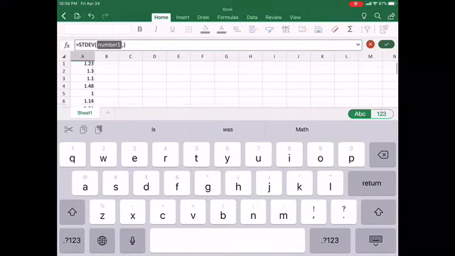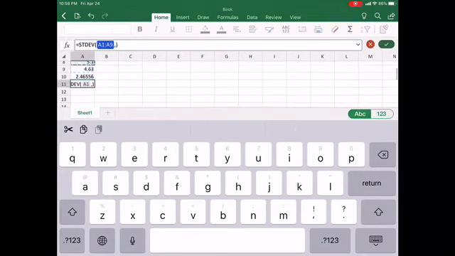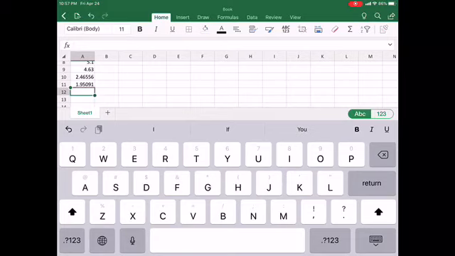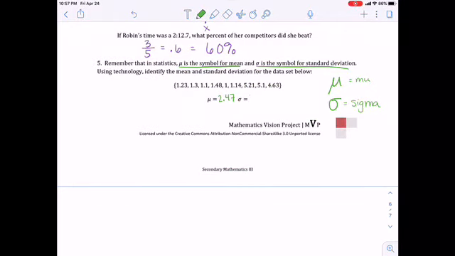But I want to start with this first value, and I want it to give me the standard deviation of all of these numbers. Now please notice that I made sure not to highlight the mean as part of my standard deviation. I hit enter, and Excel tells me that it is 1.95, which tells me that these data points have an average spread of about 1.95. So my standard deviation here is 1.95.